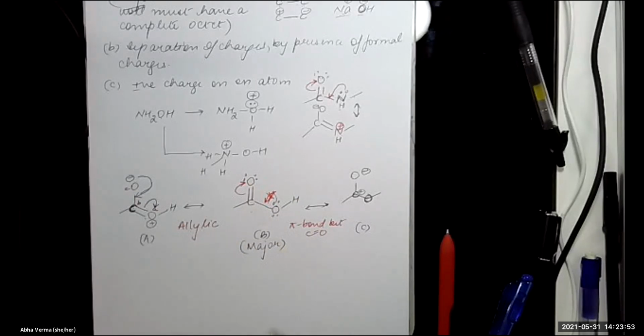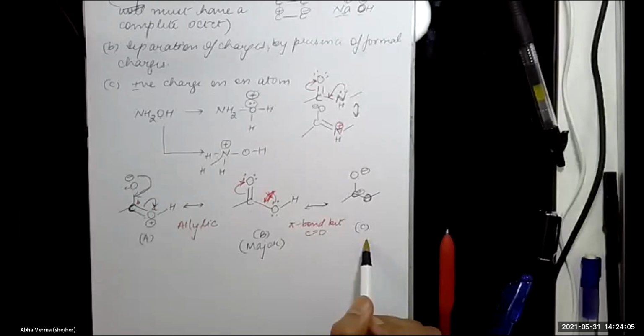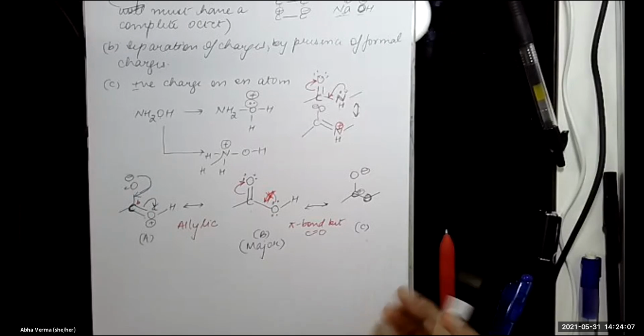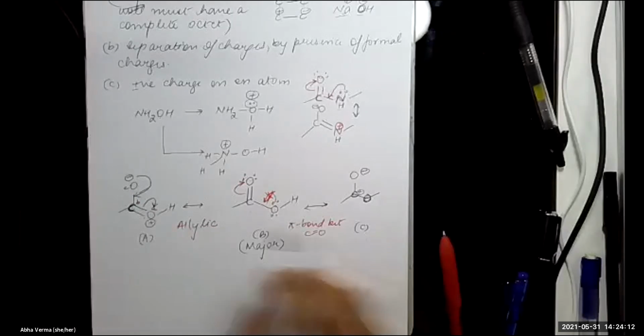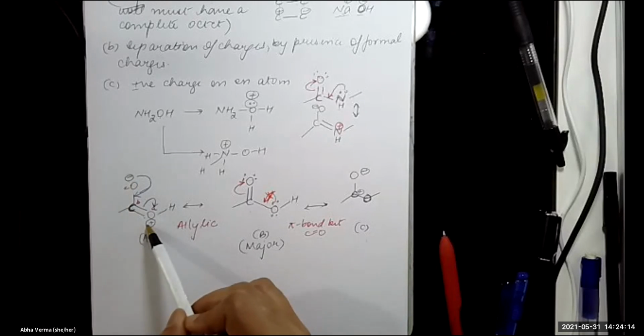Overall, the charge is maintained. So which among these two, C, is going to take the hit? Very good. And why? Because it has an incomplete octet as well as formal charges. Very good.